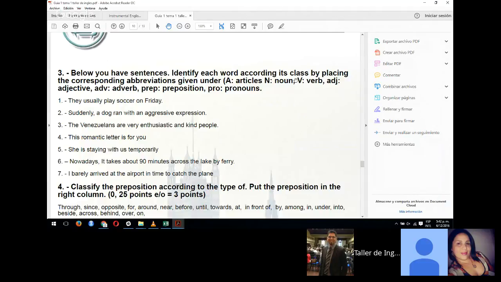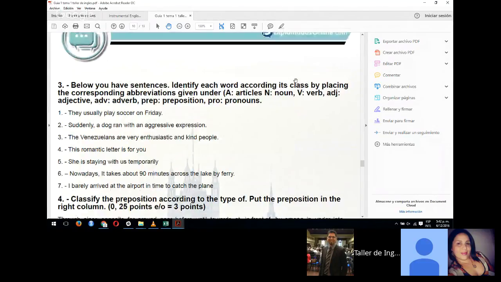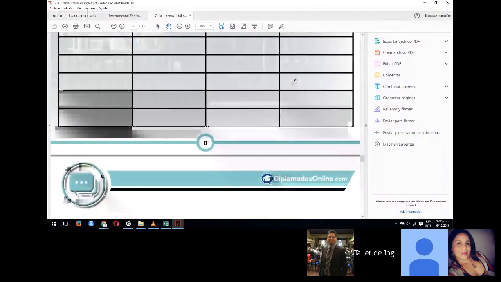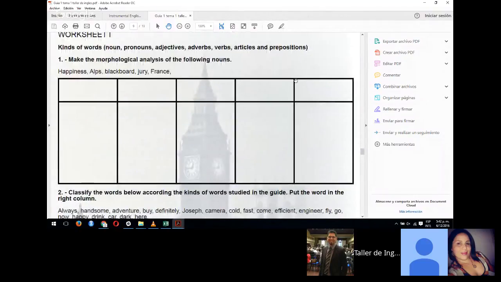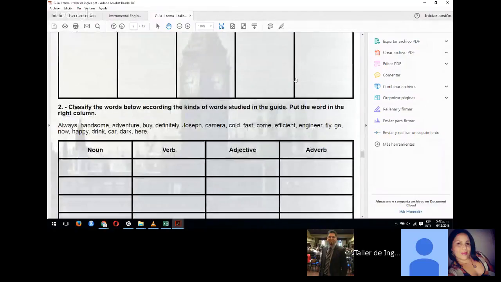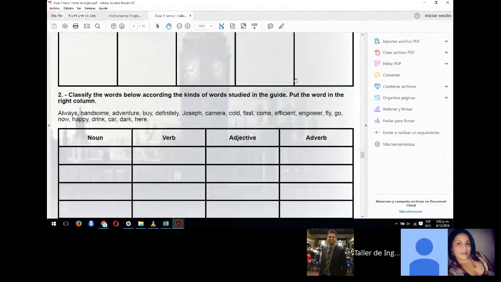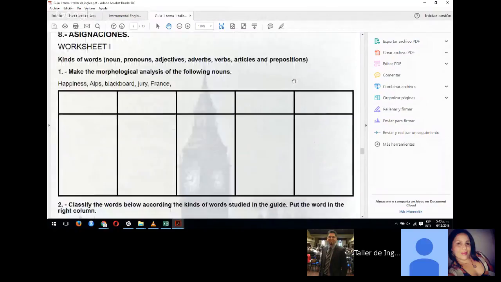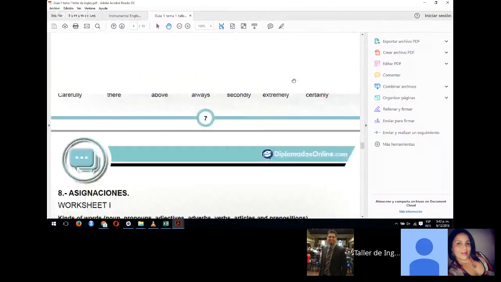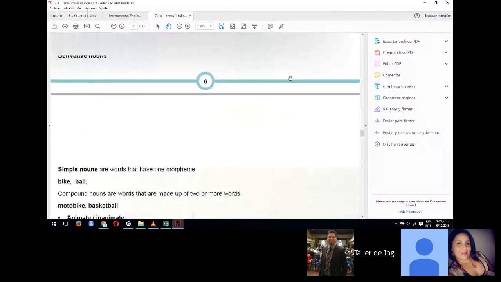No, this activity is not good. Only 1 and 2. Just the morphological analysis and classifying the words. Just that. The first 2 activities. Okay?